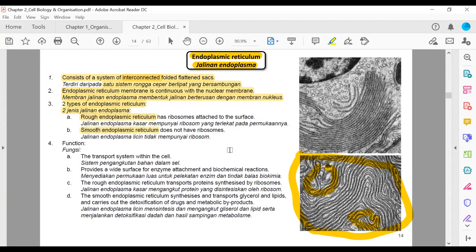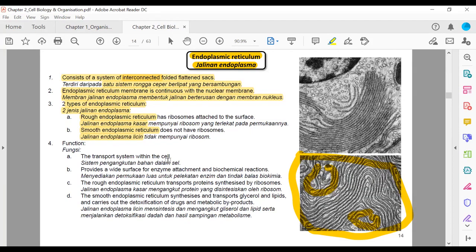Satu dipanggil sebagai rough endoplasmic reticulum ataupun jalinan endoplasma kasar. Dan satu lagi ialah smooth endoplasmic reticulum ataupun jalinan endoplasma licin.